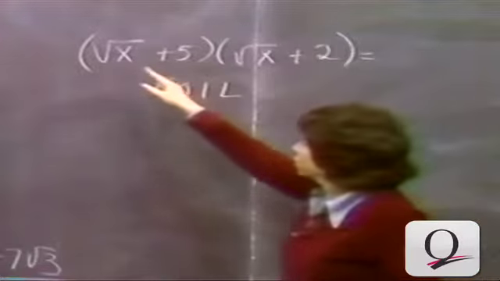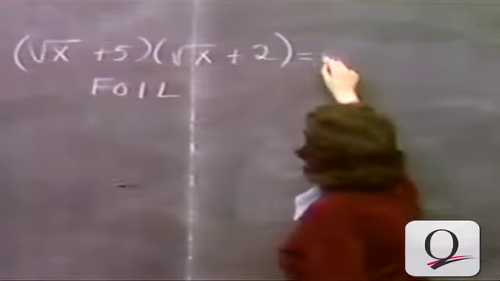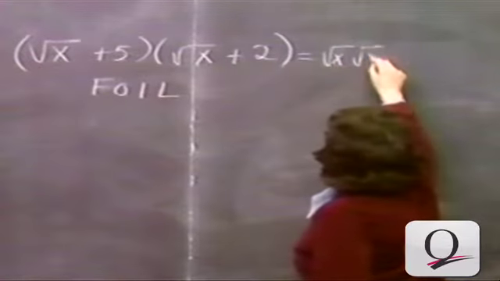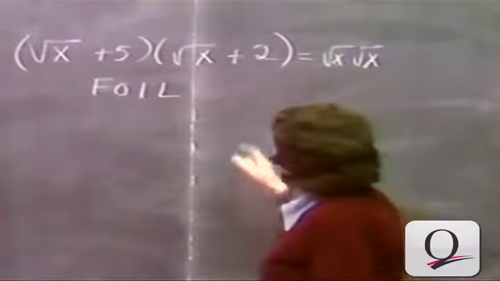First terms: square root of x times the square root of x. Then the outer terms: the square root of x times 2. Then the inner terms: the square root of x times 5. And then the last terms, 5 times 2, giving you the 10.